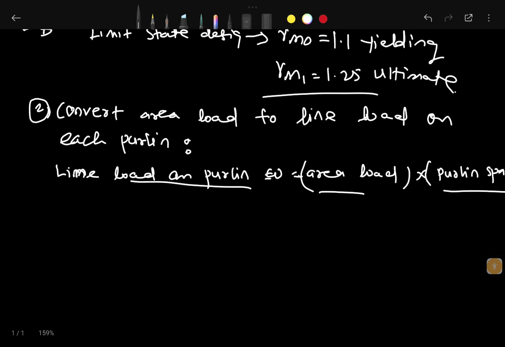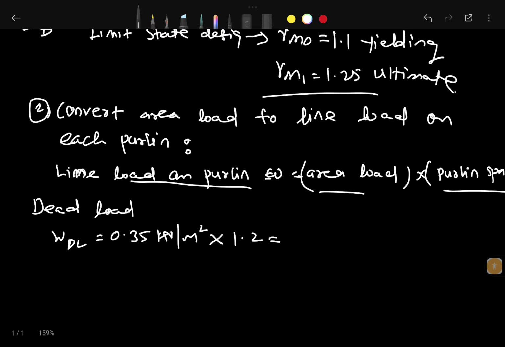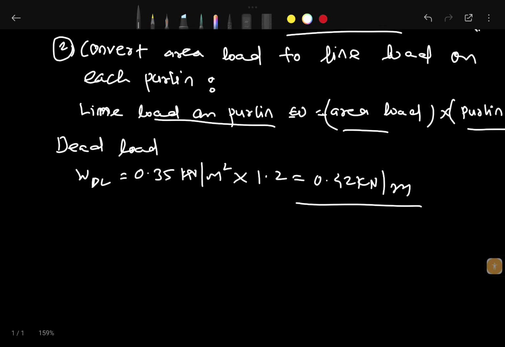First we convert dead load. Dead load WDL is equal to 0.35 kilonewton per meter square, and our purlin spacing we consider 1.2 meter. So the value will come 0.42 kilonewton per meter. Second, live load: W live load is equal to 0.75 into 1.2.